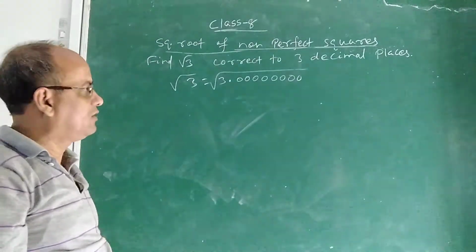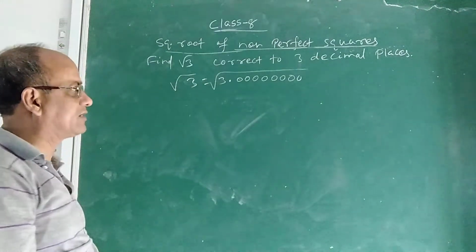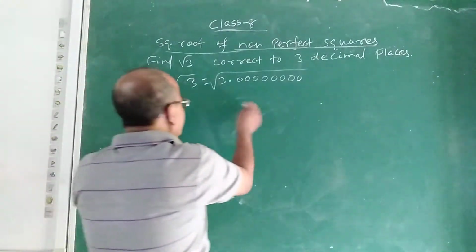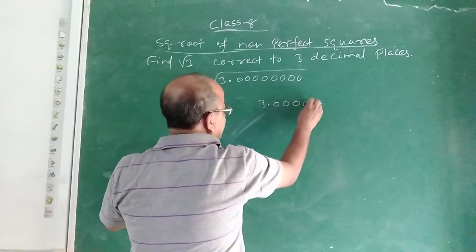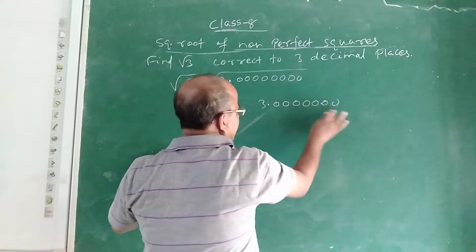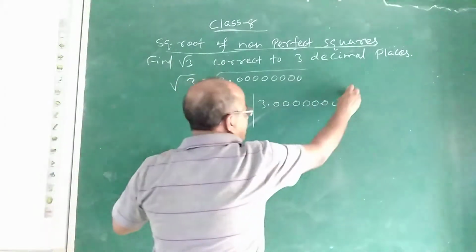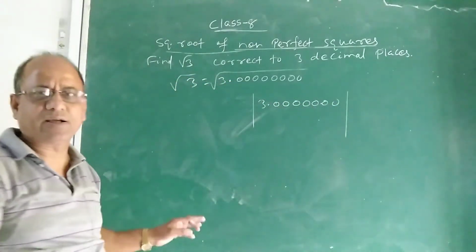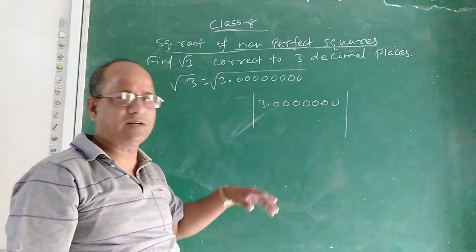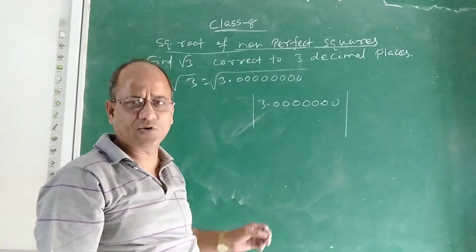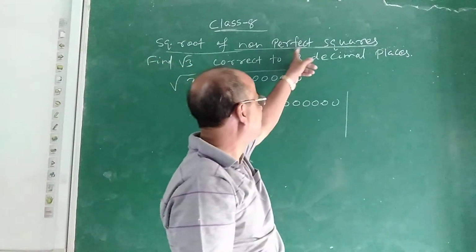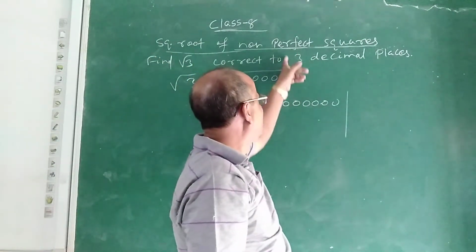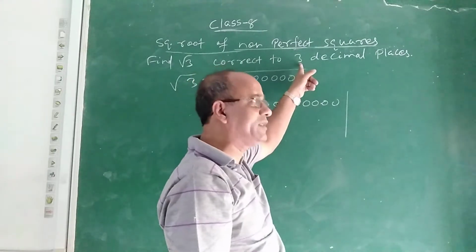Now, how to find it by long division? First you write 3.00000000. You can ask me, sir, why did you take 8 zeros? Why didn't you take 6 zeros or 4 zeros? The reason is we have to find the square root correct up to 3 places.